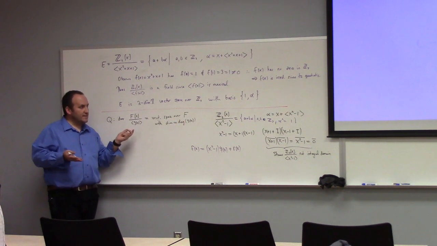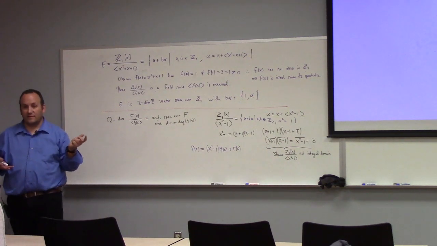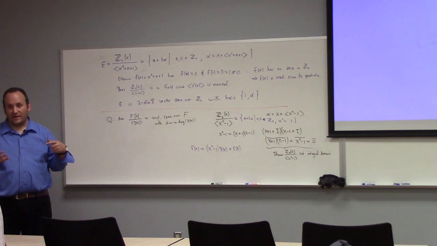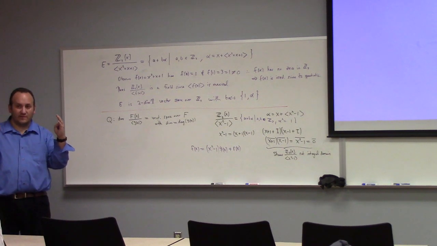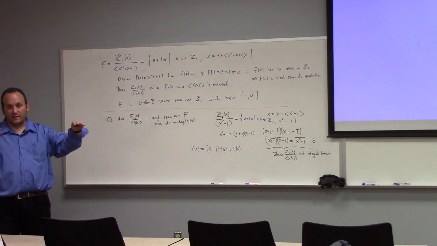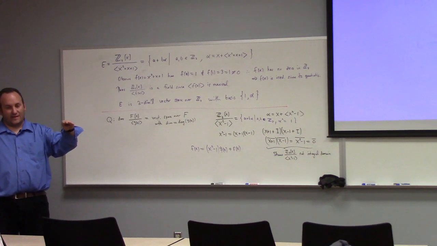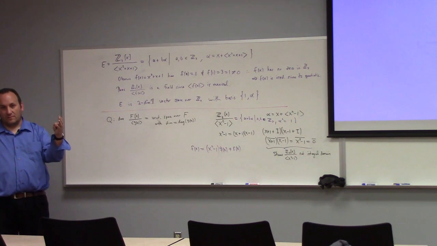I think the basis theorem still makes sense. In the argument I gave today, proving that 1 through alpha to the n minus 1 is a basis when you quotient by a degree n polynomial has nothing to do with the irreducibility of the polynomial.